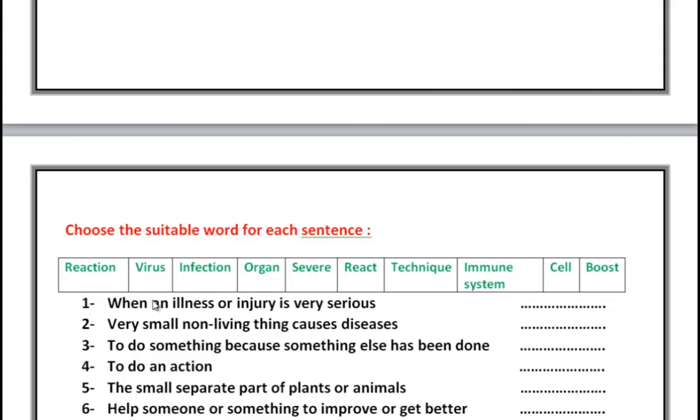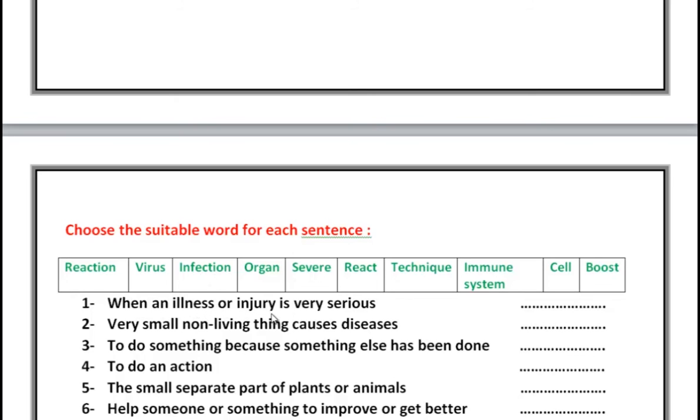When an illness or injury is very serious, it is very severe. Severe. Very small, non-living thing that causes diseases: virus. I'm going to say it again.